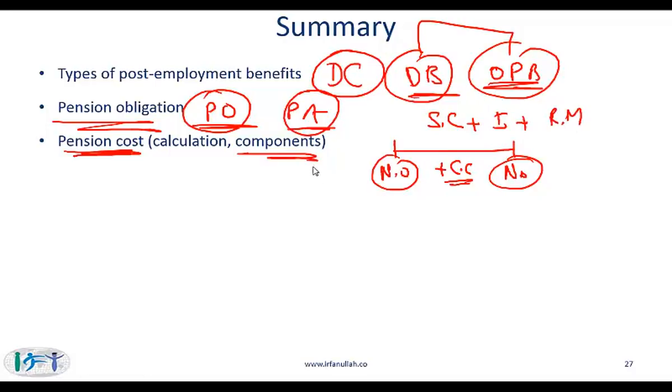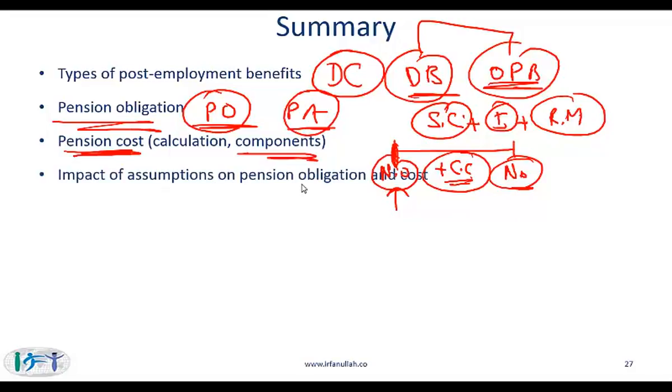So you might get an exam question where you are given these numbers and the company contribution. You should be able to start with the net obligation at the beginning of the period, and given these four numbers, you should be able to come up with the obligation at the end. Of all these numbers, one might be missing, and you might need to find that missing one.